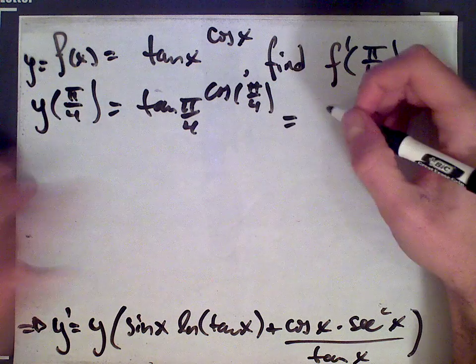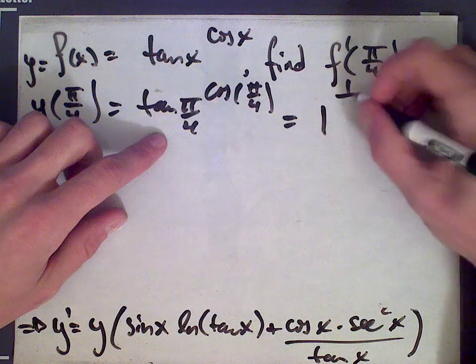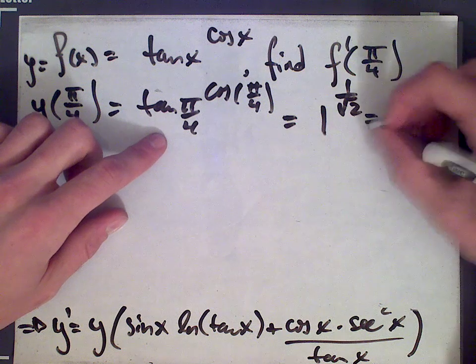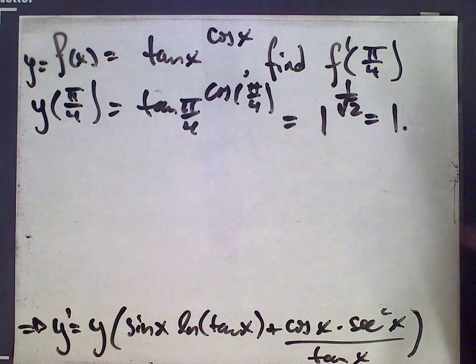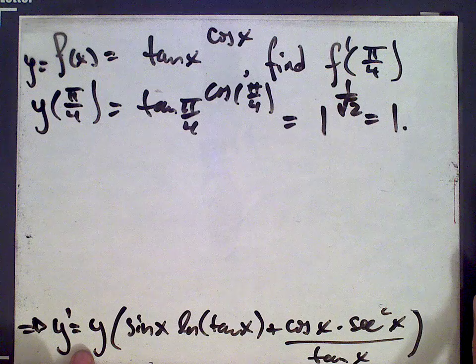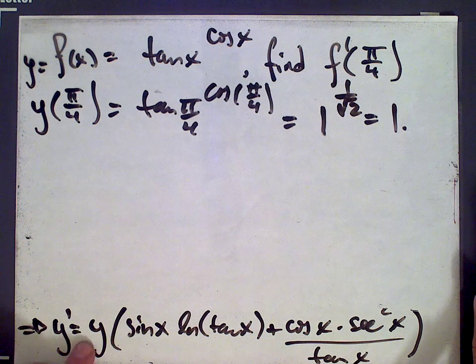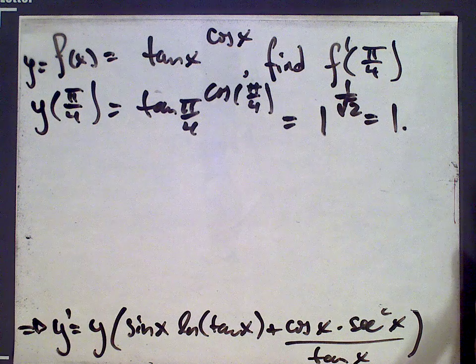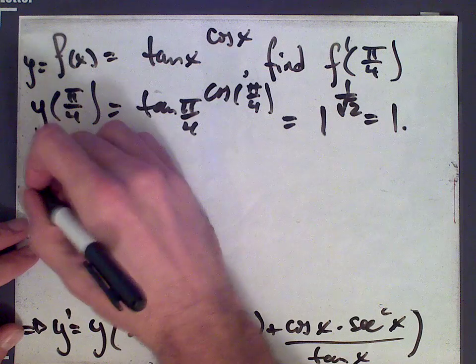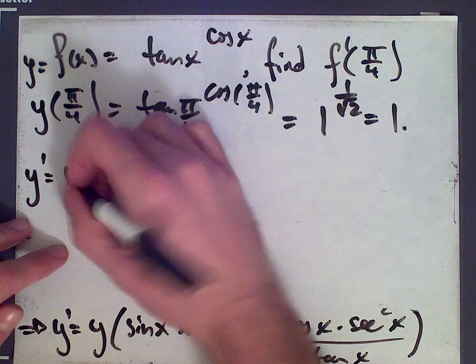Tan of pi over 4 is 1, and cos of pi over 4 is 1 over root 2. So y at pi over 4 is 1. So when we plug pi over 4 into y in particular, we'll get 1.